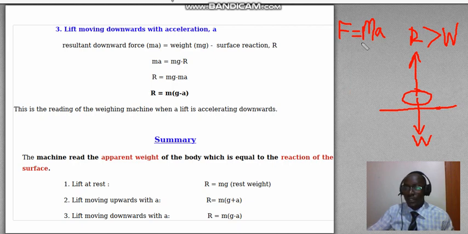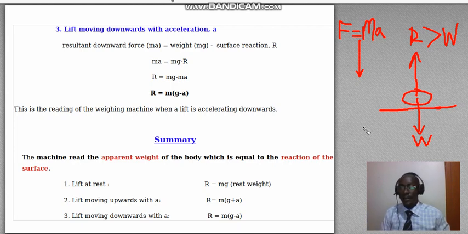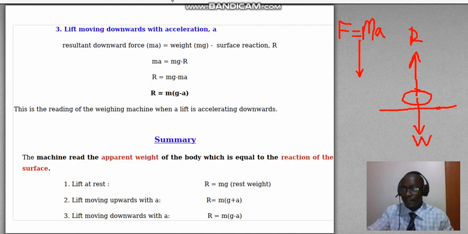This force is directed downwards. It's a net downward force causing an acceleration in the downward direction. So that again will tell us that this relation will not look like this. This relation will be different.